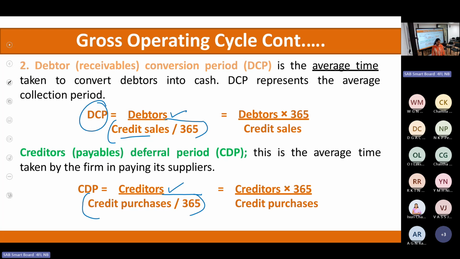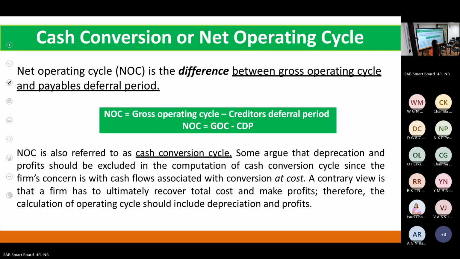Both are correct. So this is what we have discussed. Gross operating cycle minus credit deferral period equals NOC.